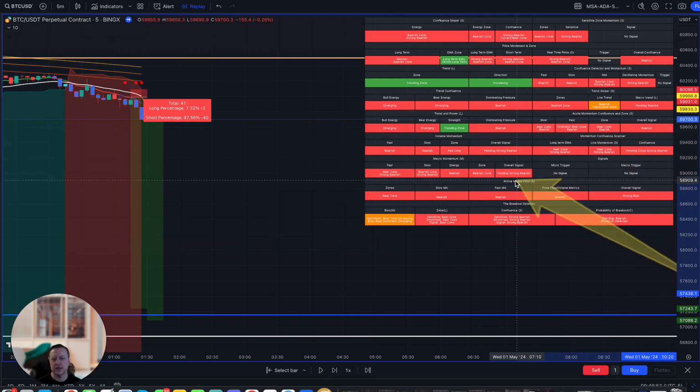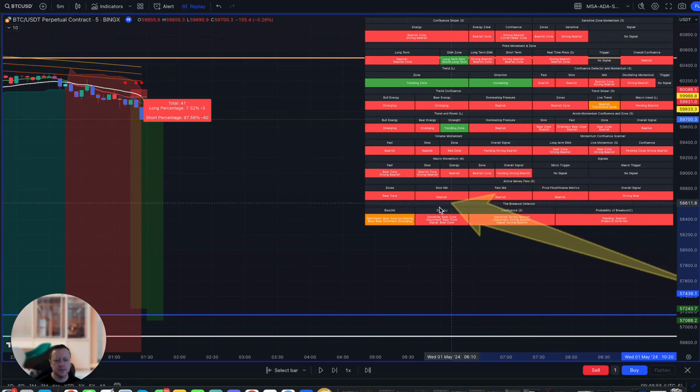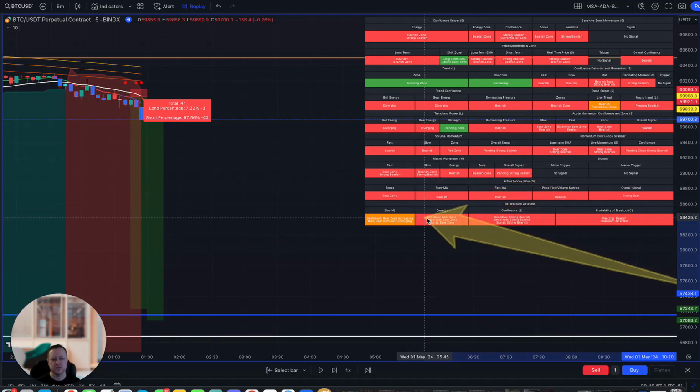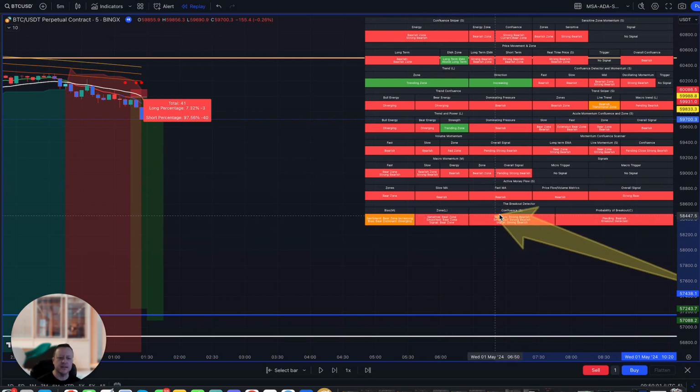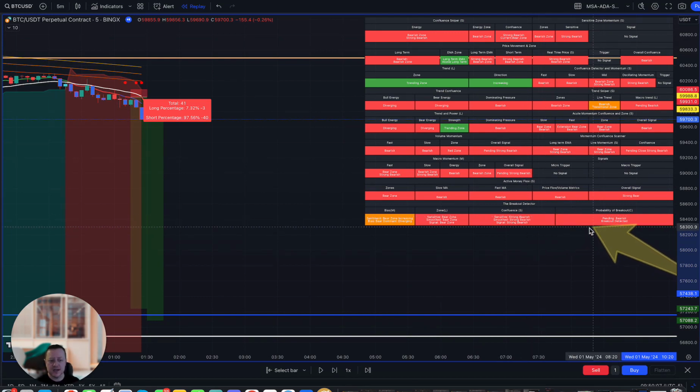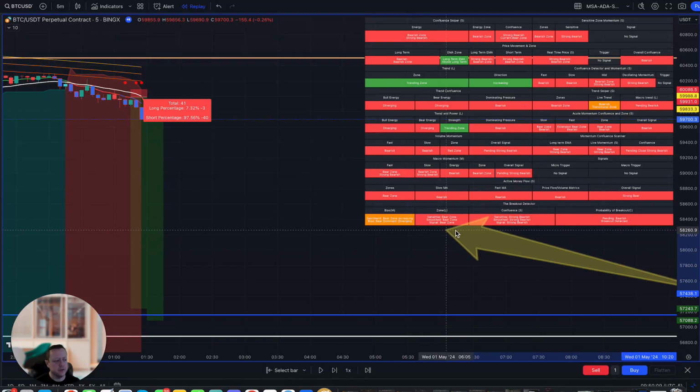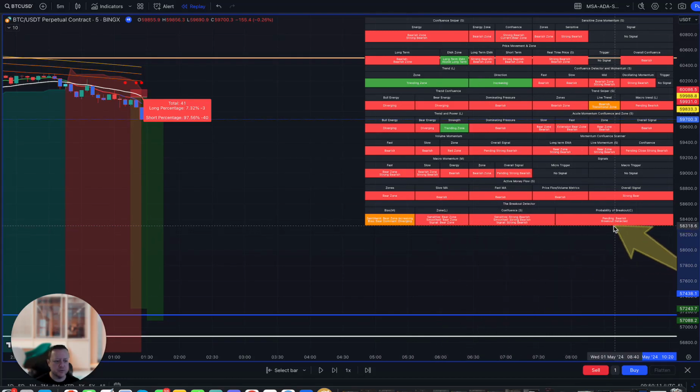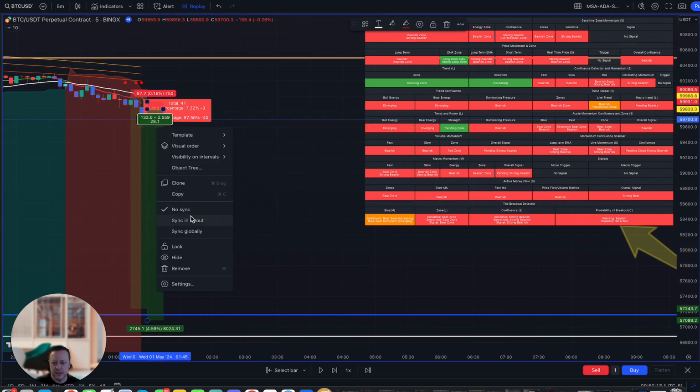I've plugged in everything that I could to make sure that we have a really solid understanding of the energies and the momentums and the trends and the biases that we should have going into this, to include volume and money flow, which is very rare. And now we have probability of breakout, which is super powerful, right? Pending bearish, breakout detected. So I want to point out that these are just different ways that a person could use this data.